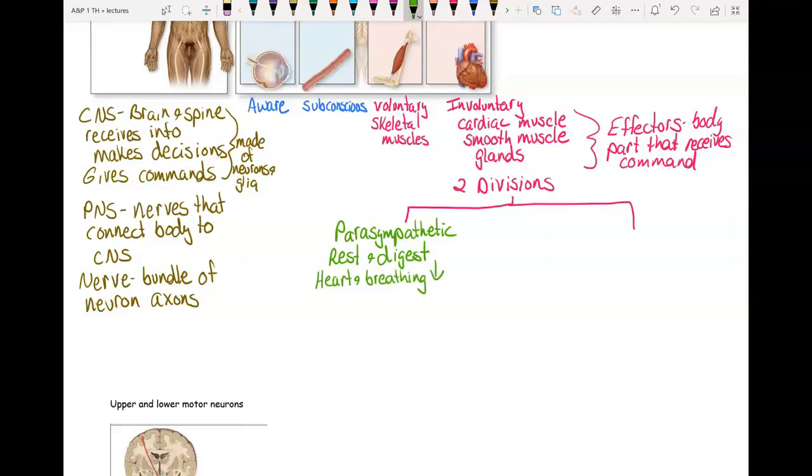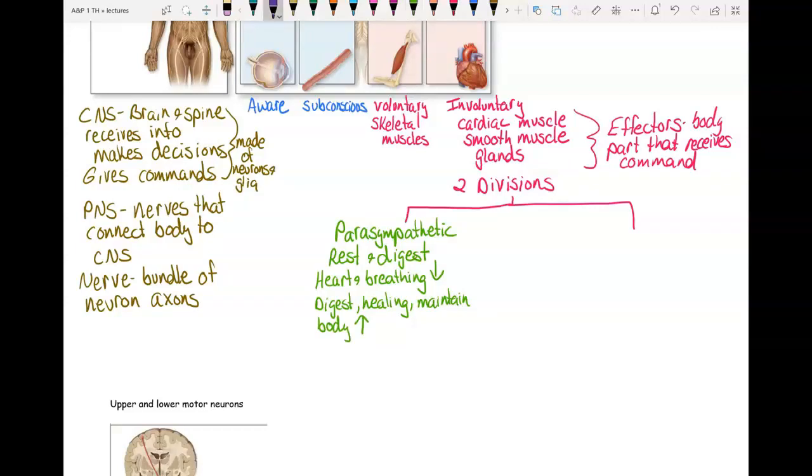You don't need those as active. And your digestion, healing any wounds, just kind of general housekeeping, maintaining the body. Those things are all going to be increased.